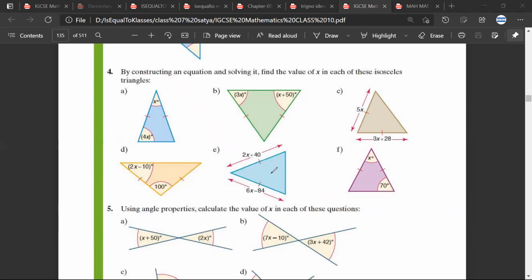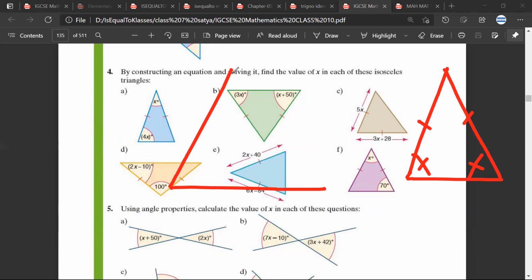So let us try to understand isosceles triangles again. So if this is an isosceles triangle, this would be equal to this, and this angle would be equal to this. Sarthak, any doubt? No, sir. Similarly, if these two angles are equal, let us assume that these two angles are equal. This is given to us.